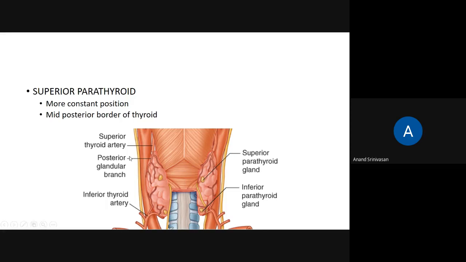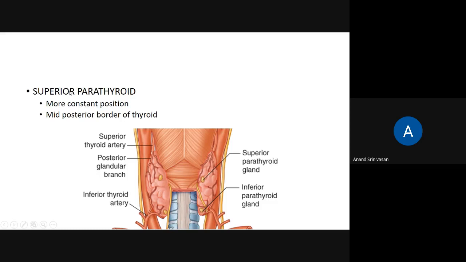The superior parathyroid is usually more constant in position. They are located in the posterior border of the thyroid. Here it is represented because this is a drawing, but in reality it is quite difficult. Imagine a 6 millimeter structure in a thyroid gland, that might be very difficult to identify.